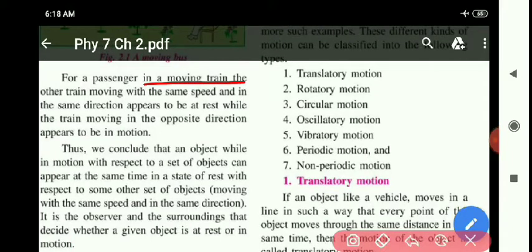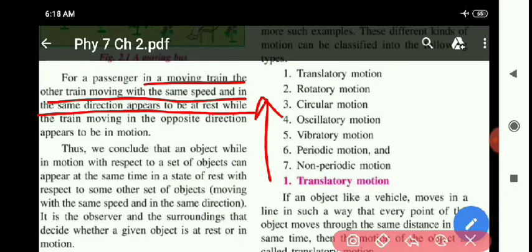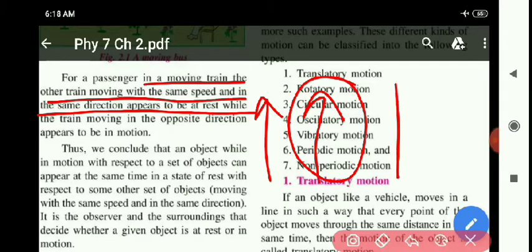For a passenger in a moving train, the other train moving at the same speed and in the same direction appears to be at rest. If this train is moving in this direction and the other train is also moving in the same direction with the same speed, the other train appears to be at rest, while the train moving in the opposite direction appears to be in motion.